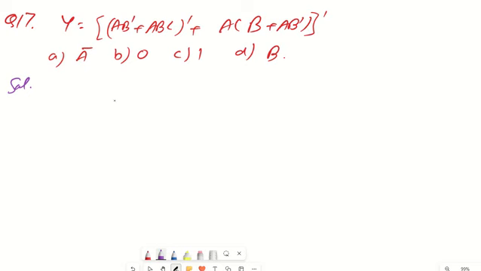Alright, so once we do that, y is equal to, I will try to use De Morgan's theorem. For the first term, can I take a common? If I take a common, a multiplied by (b' + bc), and this is actually whole bar.